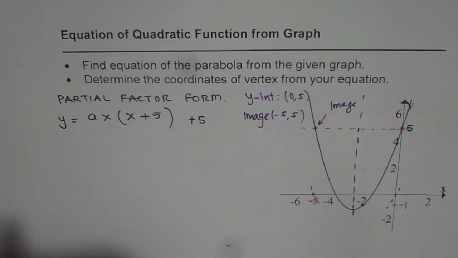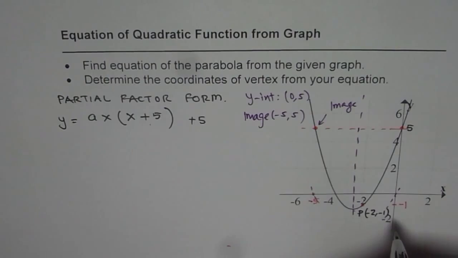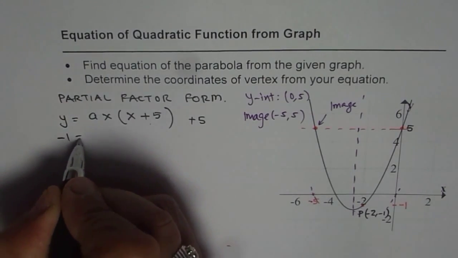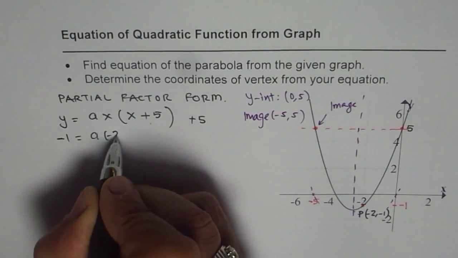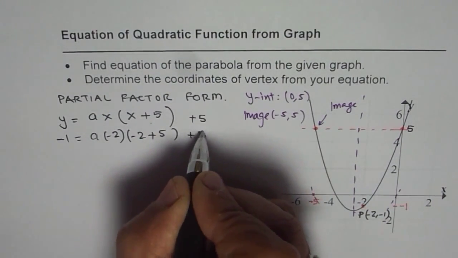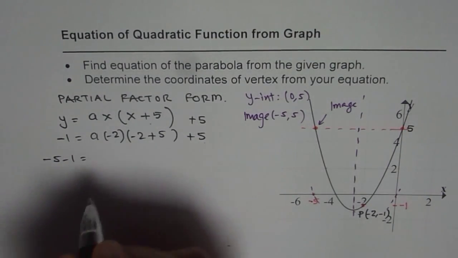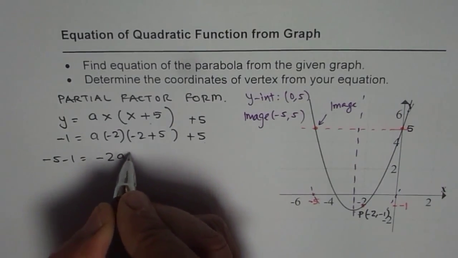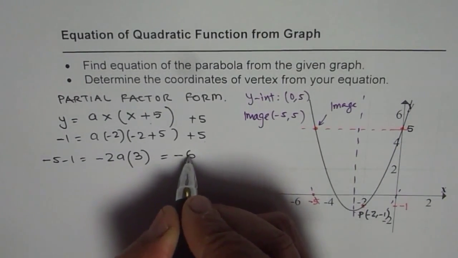Now let's find a. To find a, we'll use the point shown here, which is at -2, -1. So -1 is my y value. A value is to be found. X is -2. So we'll write -2 plus 5. Plus 5. Let's bring this 5 on the left side. -5 minus 1 equals to -2a times 3, which is indeed -6a.